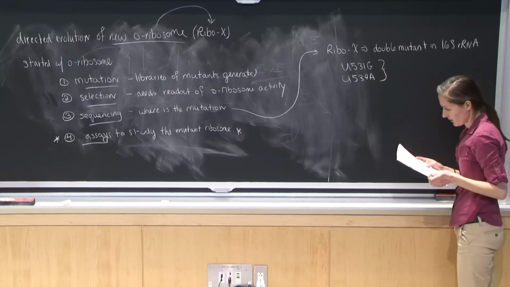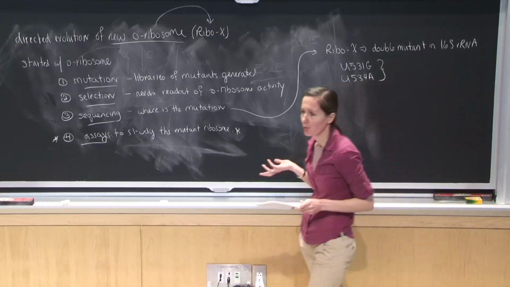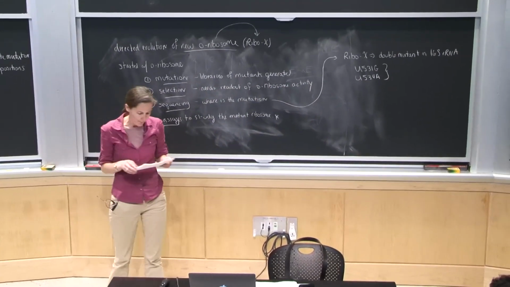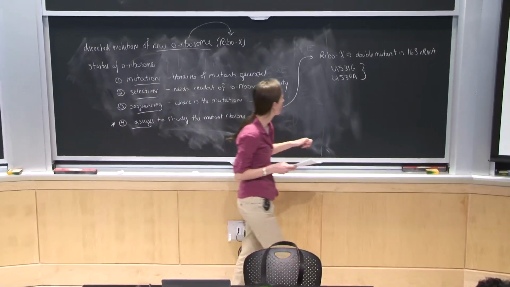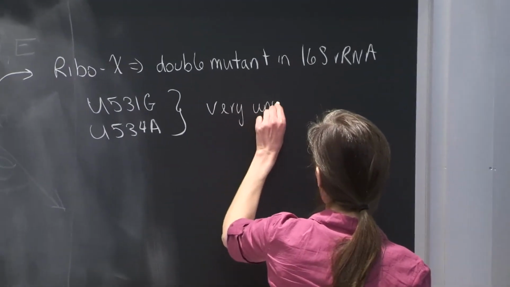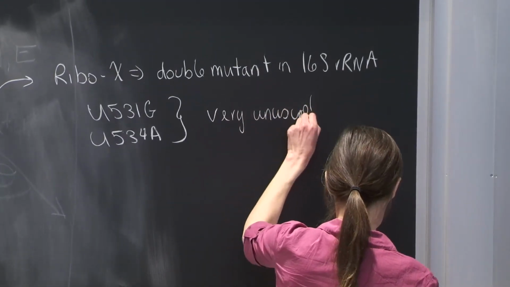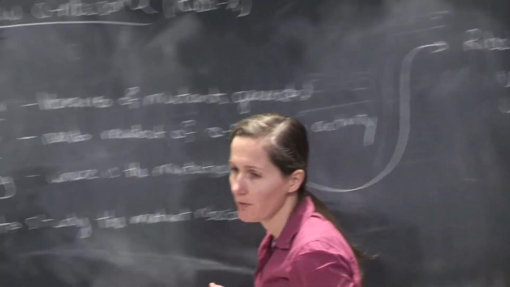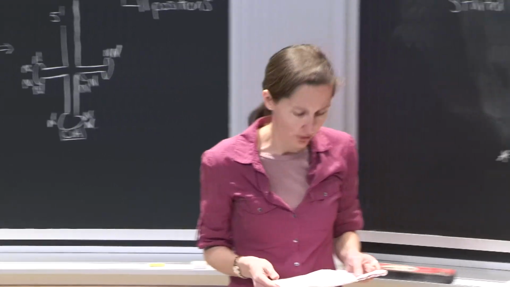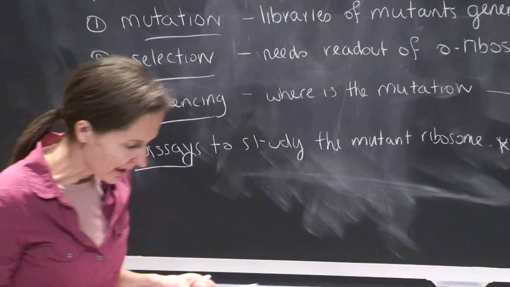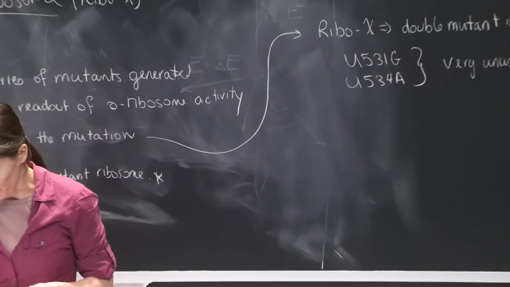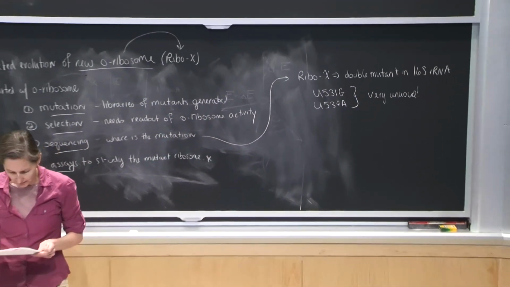These mutations improved suppression of the amber stop codon. I also point out these mutations are very unusual. At least at the time of this work, no sequenced natural ribosome had these 2 mutations, and they're found in very few examples of sequenced rRNAs.